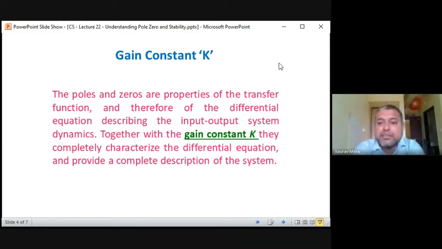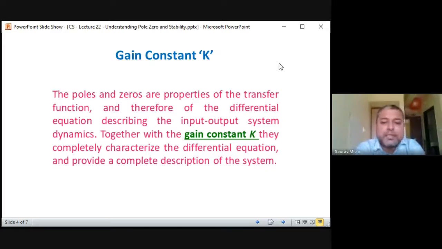Depending on the value of K, the gain constant of the system, the position of the poles changes. I told you initially that whenever the system has higher gain, the system becomes unstable, and unstable means the system poles are in the right side of the S plane. That means there is a relationship between K and the position of the system poles.